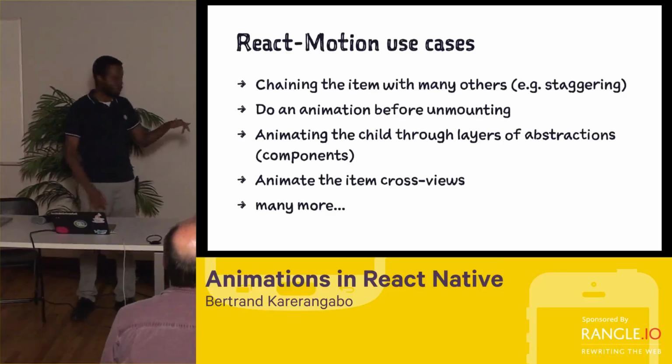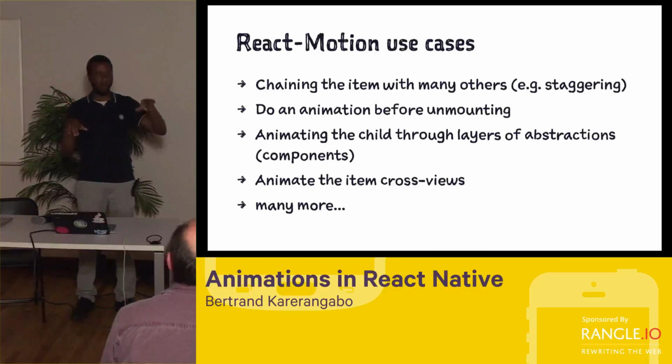Animating across views. This is the hardest thing to do manually. I have a view that's being destroyed, but it's reappearing on the next view. So let's say I was going from one view to the other, and I wanted my profile to move from the left to the right and pop up into the middle, into my profile view.